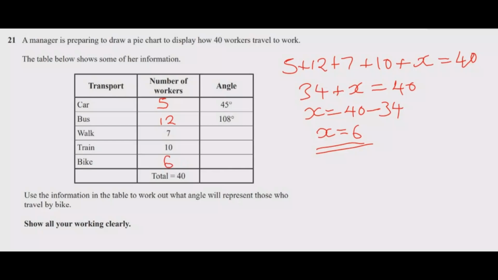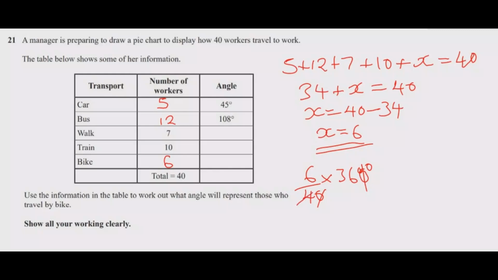Now once we have found the number of workers who come by bike, we can go ahead and find the amount of angle this will occupy. So we can come up with an expression which is 6 over 40 times 360 degrees. So here down it's 40. So we cancel 0 and here we cancel 0. Then we say how many times can 4 go into 36?